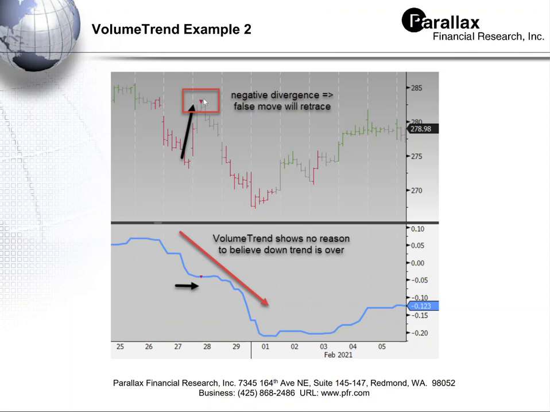So this divergence would predict that in short order you should get back down to where you started the divergence from, and it's exactly what happened. So the way we look at this is that this volume trend line should help to keep you in a trade a little bit longer, because these false rallies or false sell-offs tend to throw people out of positions.